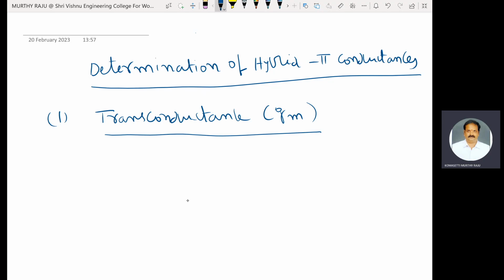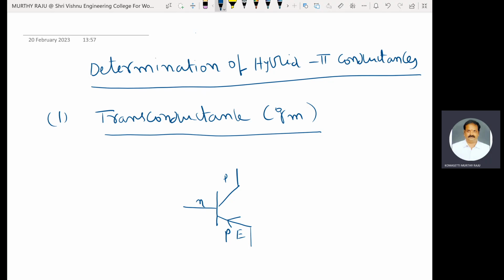For the determination of transconductance, let us consider a PNP transistor in the CE configuration with VCC bias. This is the PNP transistor in CE configuration.